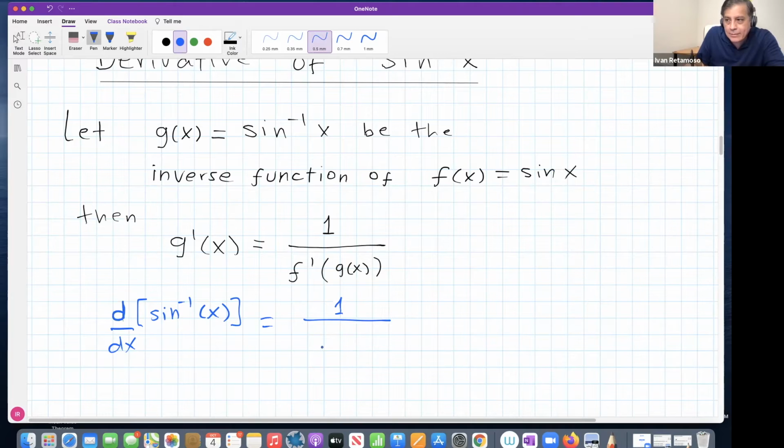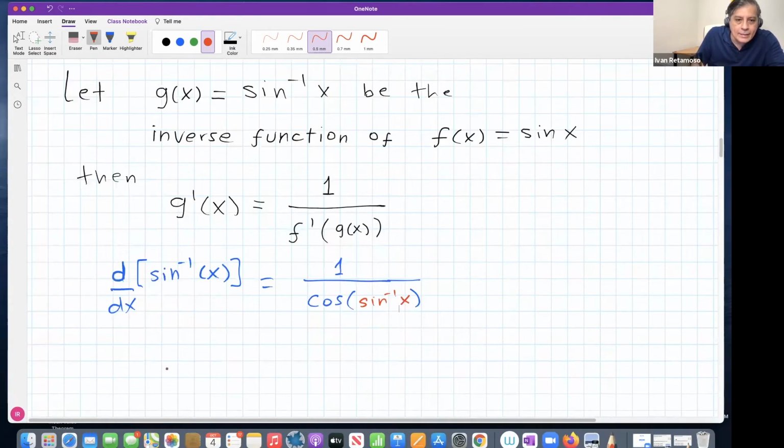The derivative of sine is cosine, evaluated at g of x, which is the inverse function, sine inverse. Let's write it in red, sine inverse. Okay, but now, what is this? Cosine of sine inverse. Let's find out what that is.